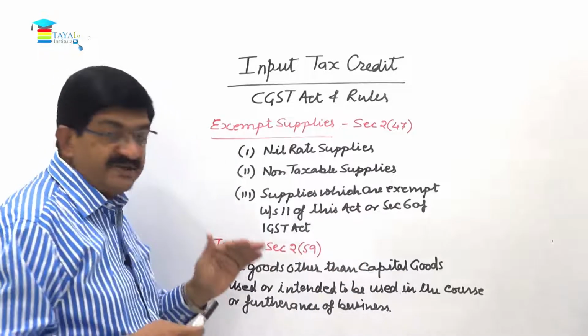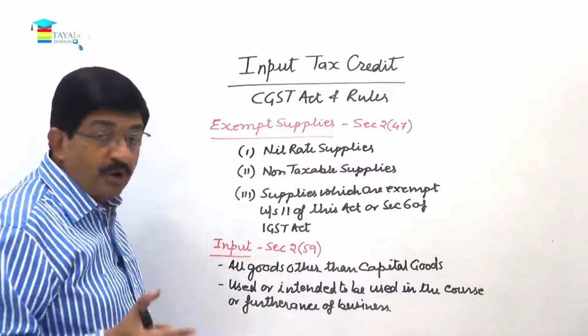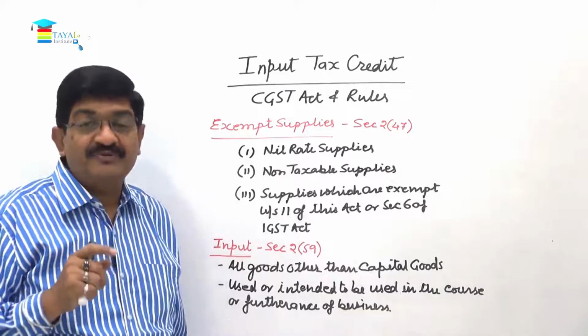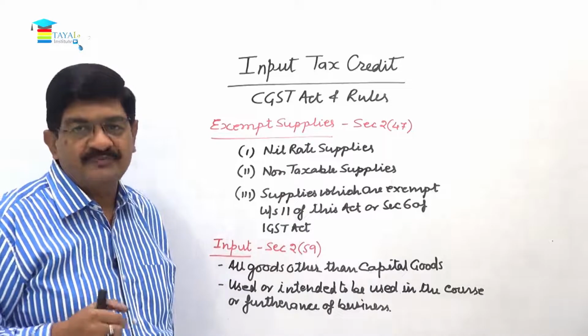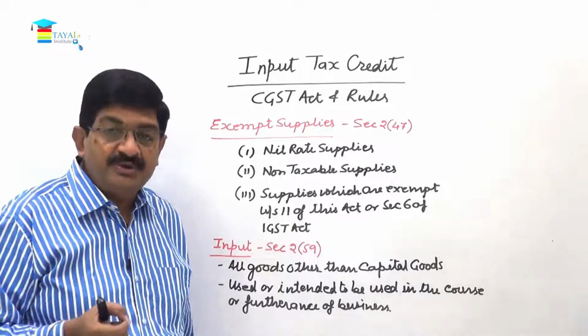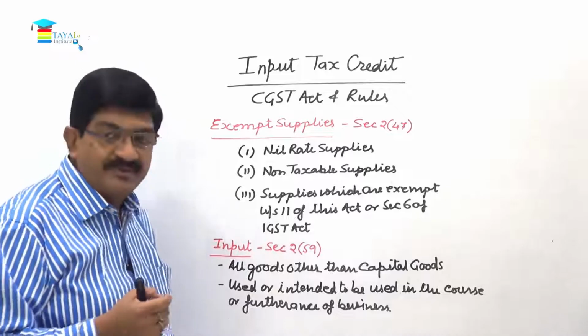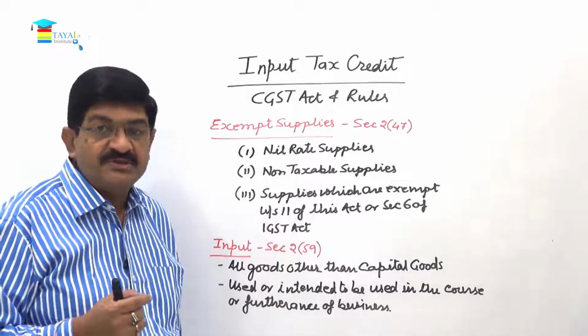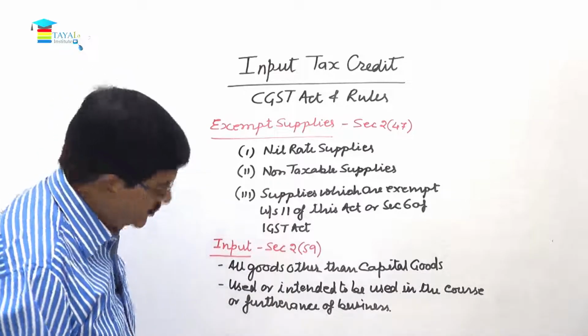So this is the term input. All goods other than capital goods which are not capitalized in the books of account, and if those are either used or intended to be used for the furtherance of the business or in the course of business, then those are referred as inputs.